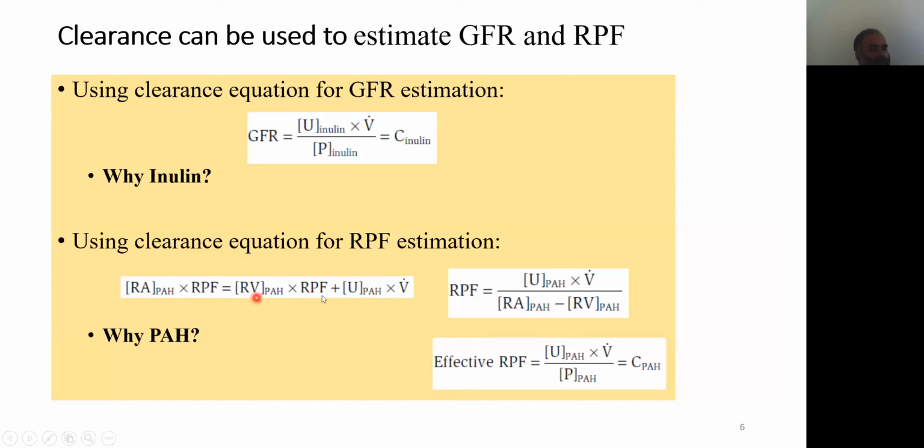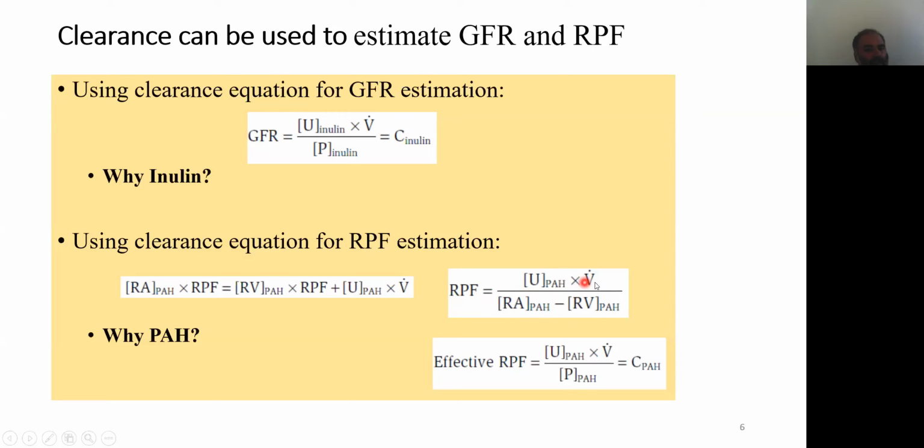This is the Fick's principle equation. You solve it for renal plasma flow, you get the classical clearance equation where you have renal plasma flow here, and it's basically a clearance of PAH in essence.